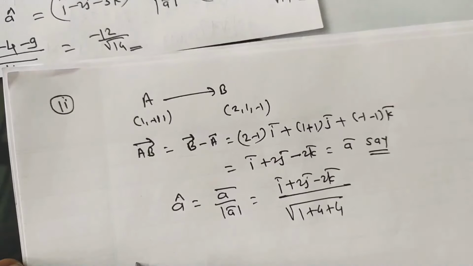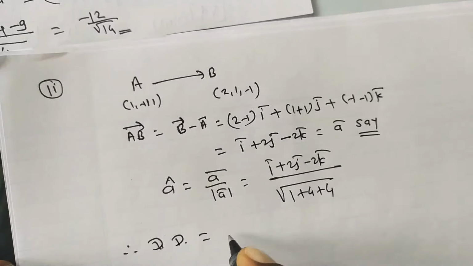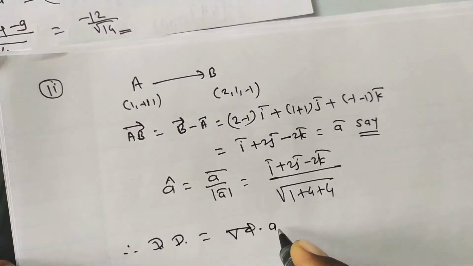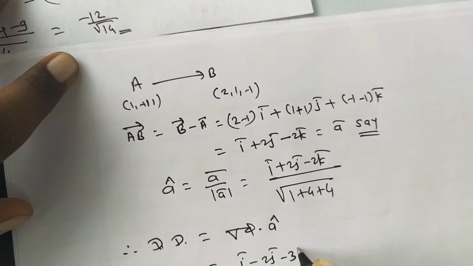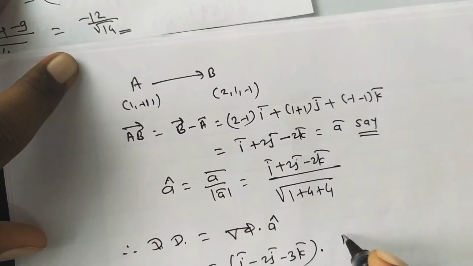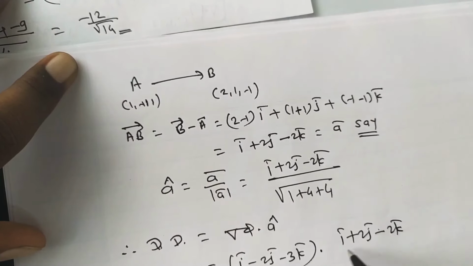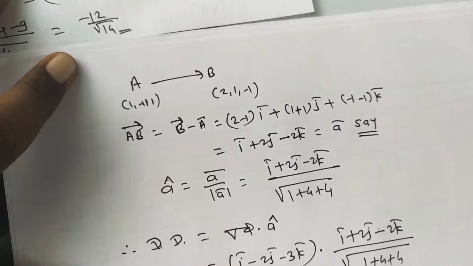Therefore the directional derivative of phi, or DD, is equal to del phi dot a cap, and for del phi we use the previous result, that is i bar minus 2j bar minus 3k bar, already found, dot a cap, that is i bar plus 2j bar minus 2k bar upon under root of 1 plus 4 plus 4. So how do we write this dot product?